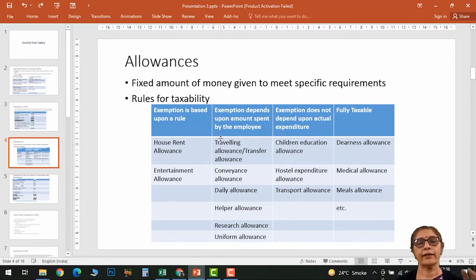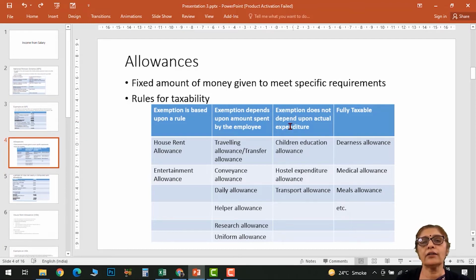I cannot get a helper allowance and use it for paying my domestic personal help. No, you won't get the benefit of exemption. So you have to spend the money for official use. Only then you get the benefit of exemption. Whatever you spend, exempt. Whatever you save, it's a part of your salary, pay tax.